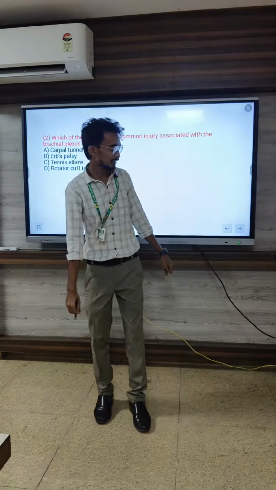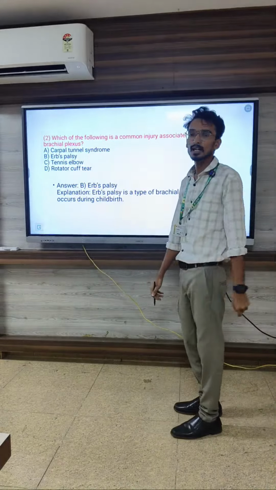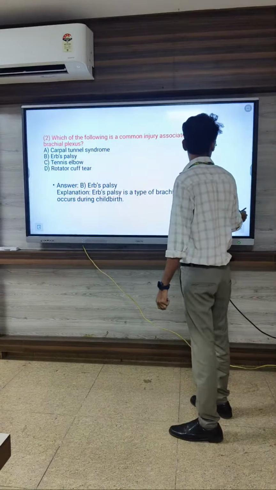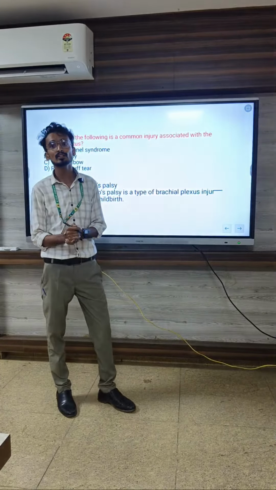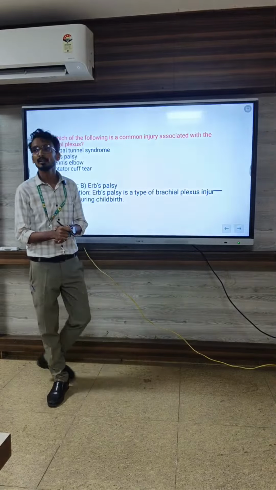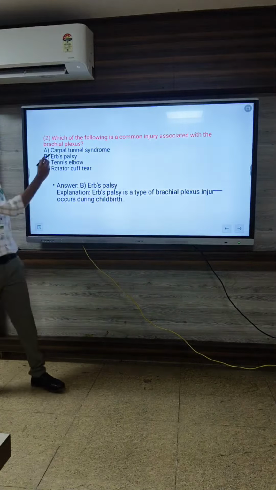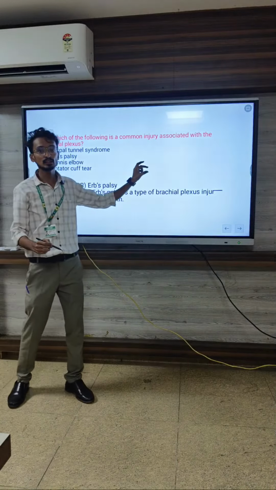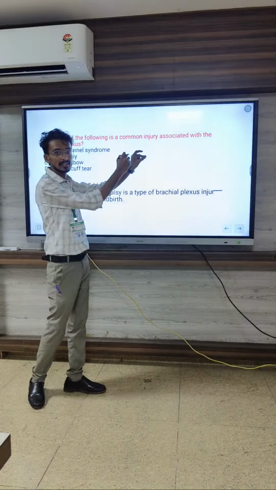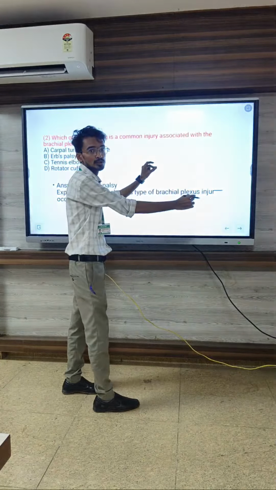Okay, Mr. Savanan Kumar, you have answered correctly. Answer is Erb's palsy. Erb's palsy is a common injury associated with the brachial plexus. How? Generally, the nerve roots of C5 and C6 combine to form the upper trunk. The upper trunk again divides into anterior and posterior divisions.